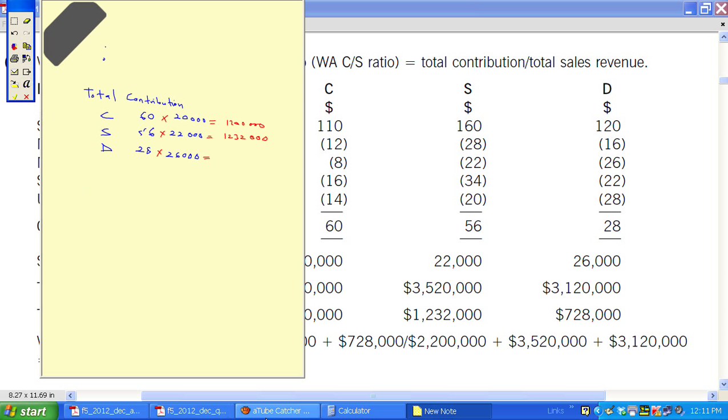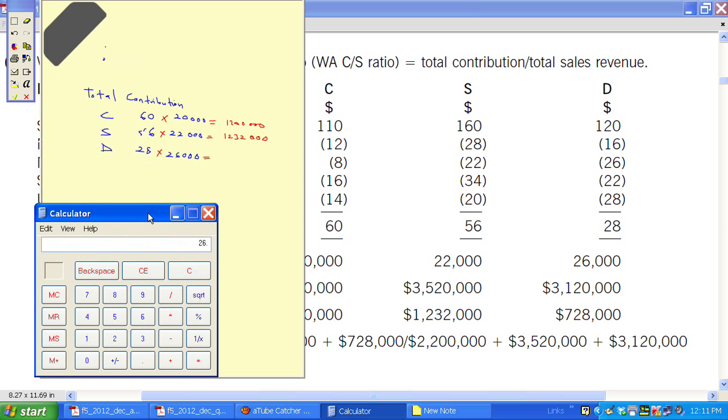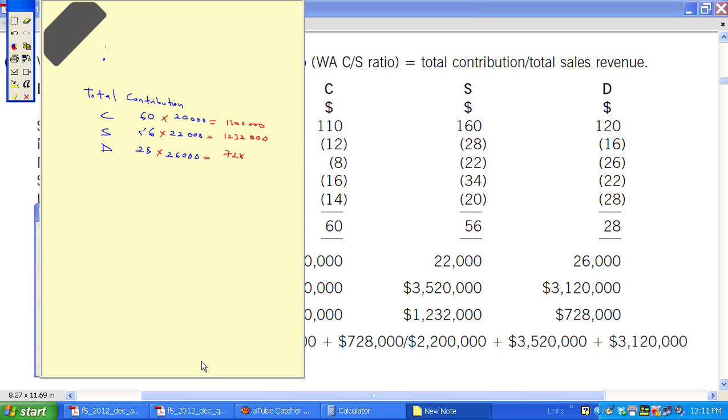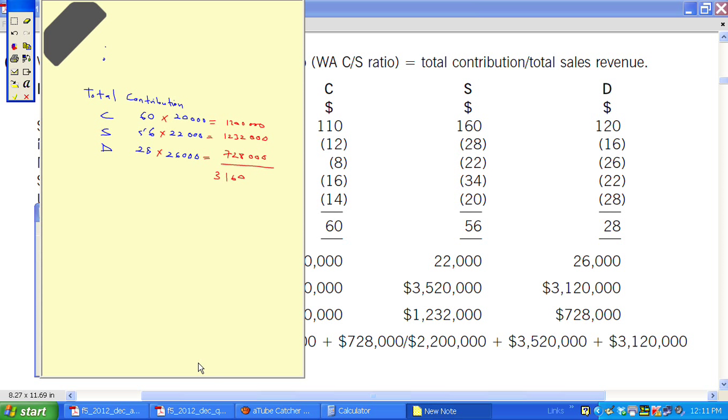Then 28 by 26,000 gives 728,000. When you add up all these, what you come up with is 3,160,000. So that's your total contribution.